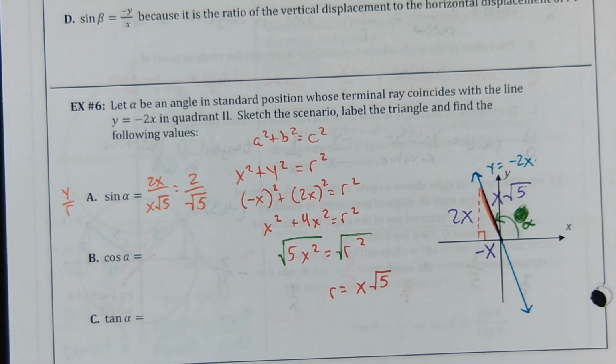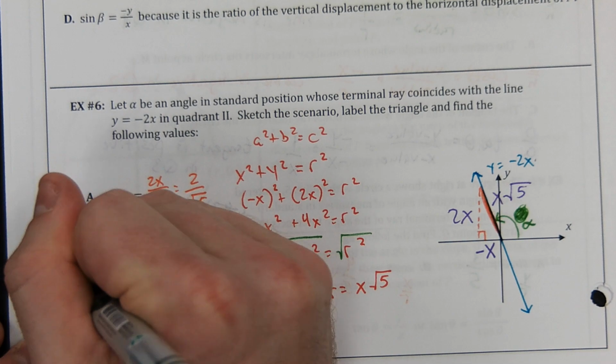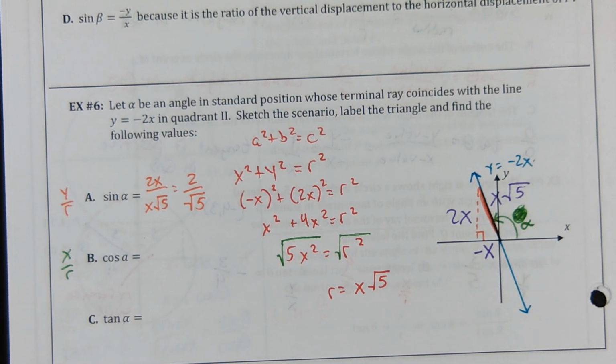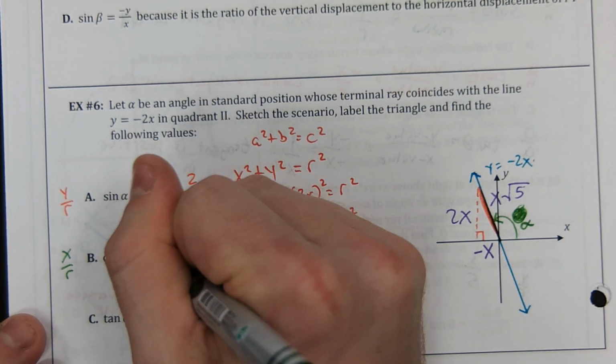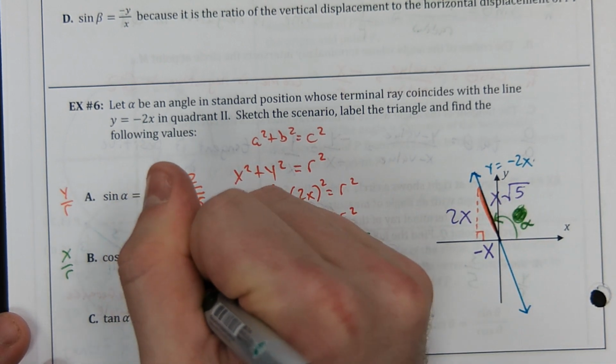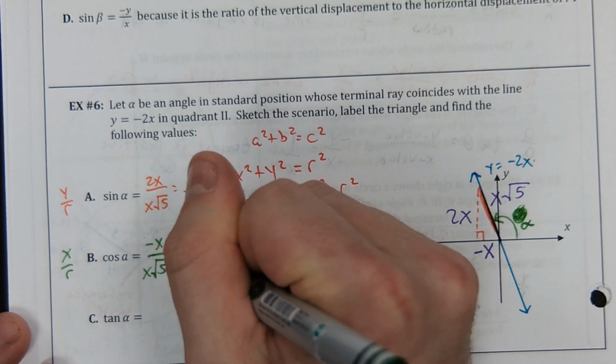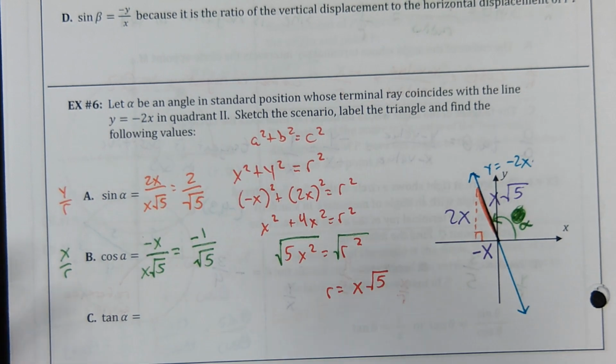No reason to rationalize that denominator. Cosine, I've been using green. Cosine of an angle is x over r. Our x value is negative x. Our radius is x root 5. The x's cancel off the top and bottom, leaving me a negative 1 over root 5. Once again, no reason to rationalize the denominator.